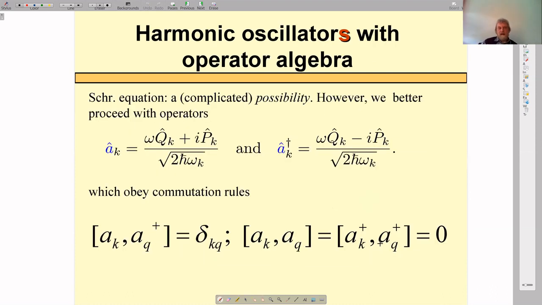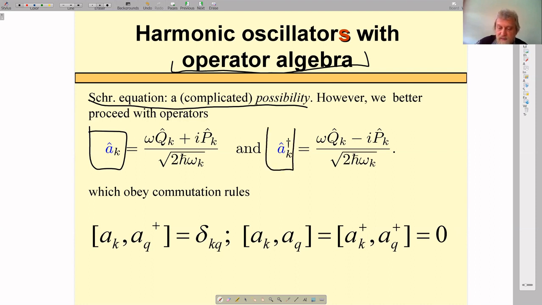And as earlier, we do this with operator algebra. Solving the equation is a possibility, but we take the operator approach. So for each oscillator, we introduce annihilation and creation operators made from coordinate and momentum in a certain fashion.